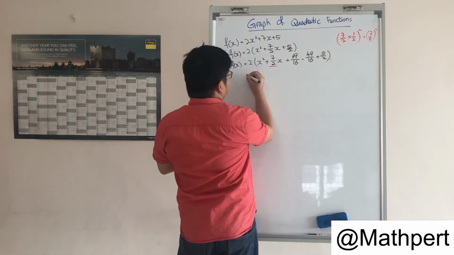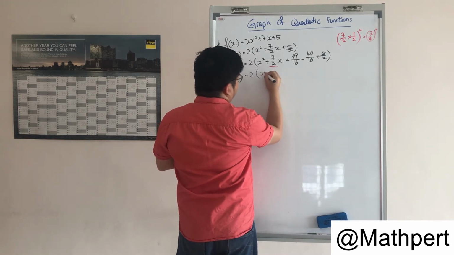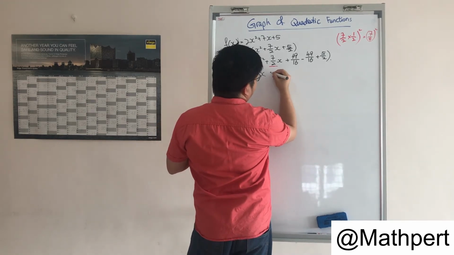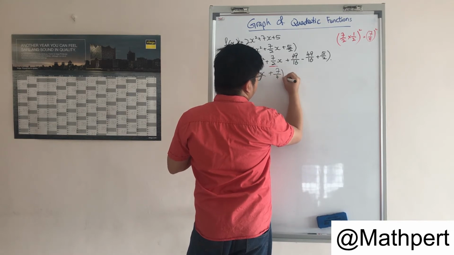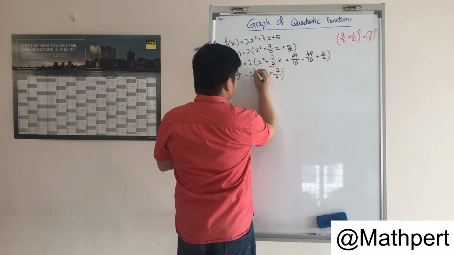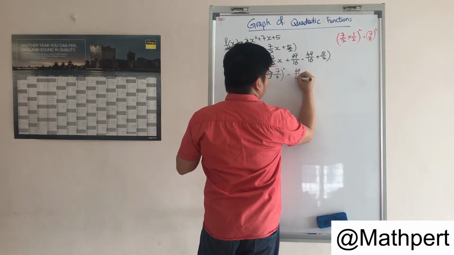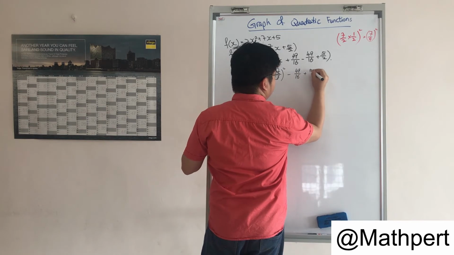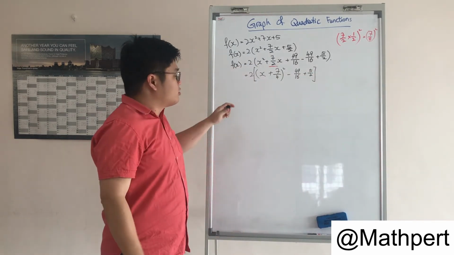So plus 49 over 16 minus 49 over 16. Then the next step is equal to 2 times x plus 7 over 4 squared, this is the big bracket, minus 49 over 16 plus 5 over 2.